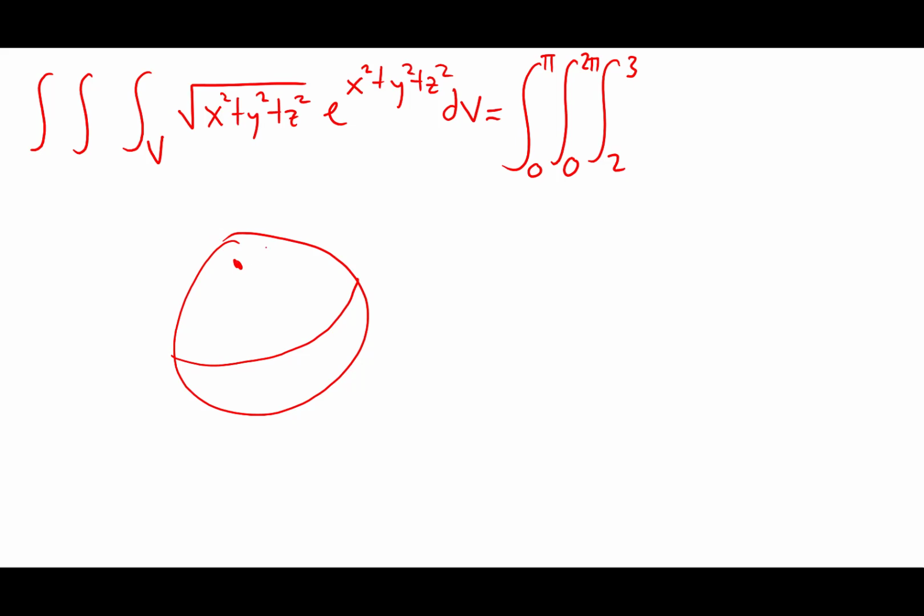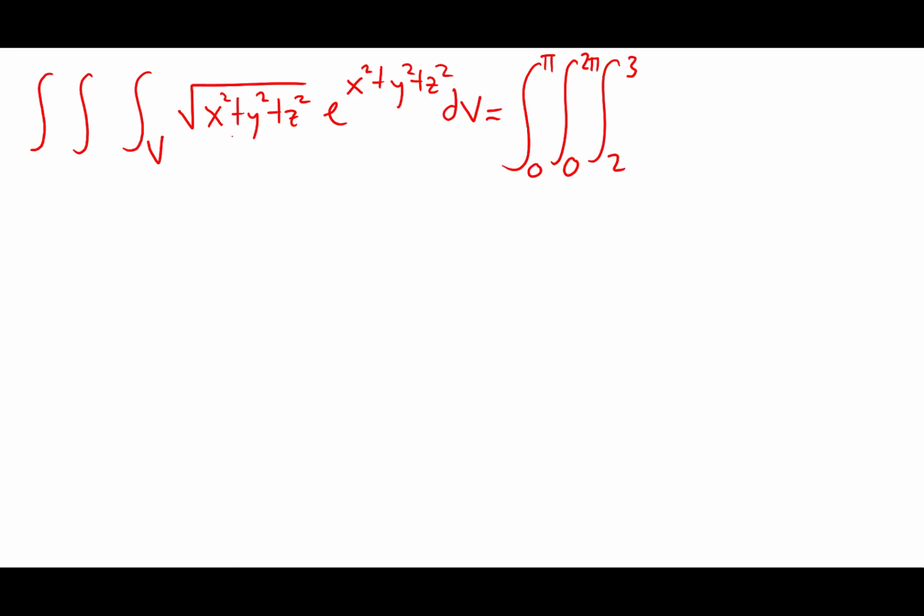To get to that point, all you have to do is rotate this far down from the z-axis, and then spin all the way around. So you don't need to go all the way around the globe to get to that point. That's a tangent, but keep that in mind.